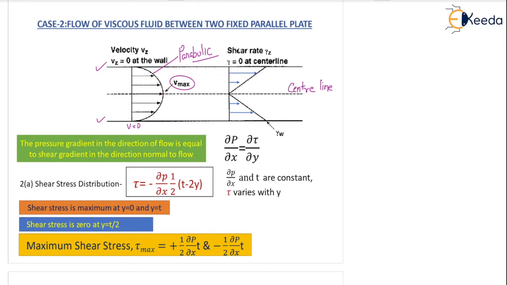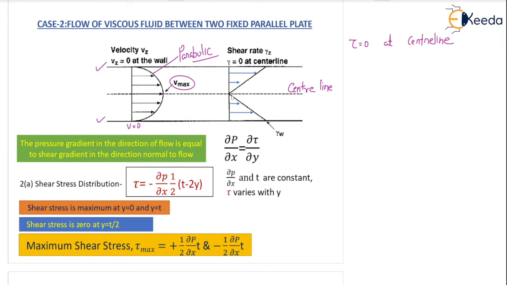Next is the shear rate, or gamma, equal to 0 at the center line. So at the center line the shear stress tau is 0. Different symbols are used in different books, but tau is most commonly used. So shear stress is 0 at the center line.